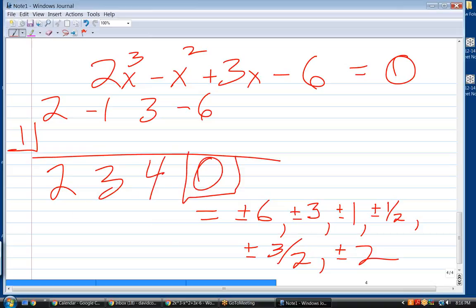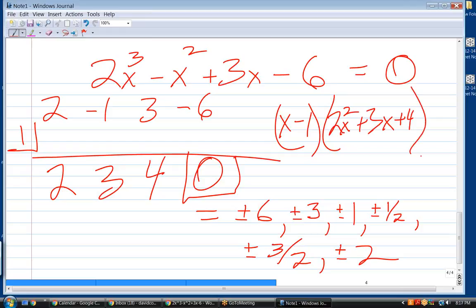The fact that that's a zero tells me that one is a solution. It also tells me that a linear factor is that. And it also tells me that the other factor is this quadratic, 2x squared plus 3x plus 4. In other words, it gives me both factors at the same time that it tells me that it's a solution.